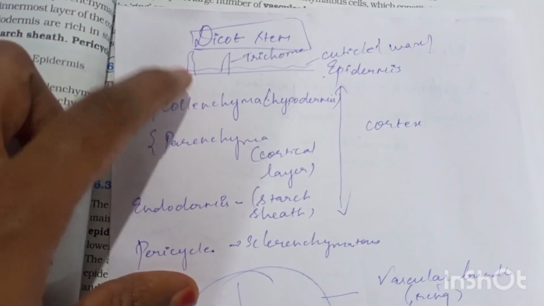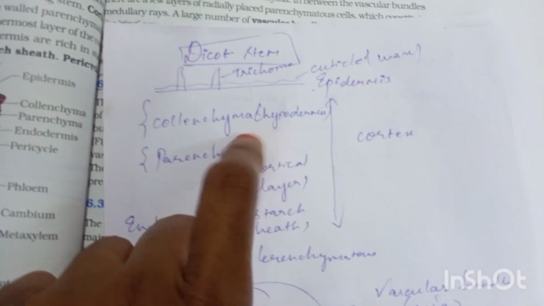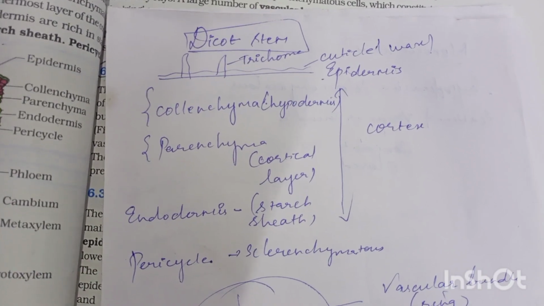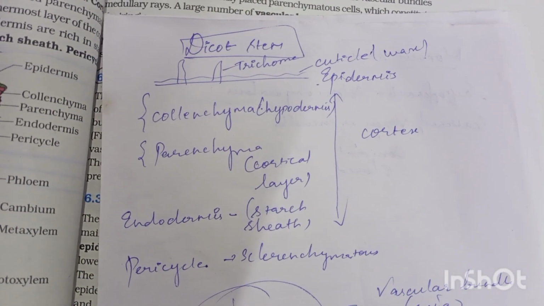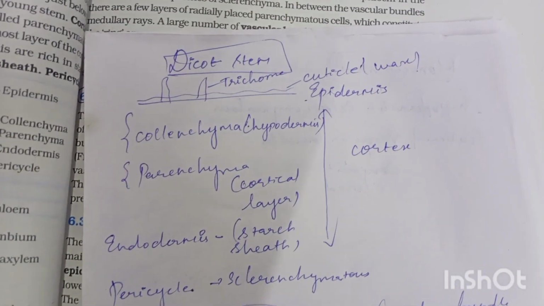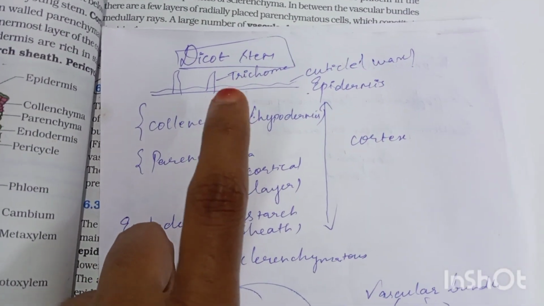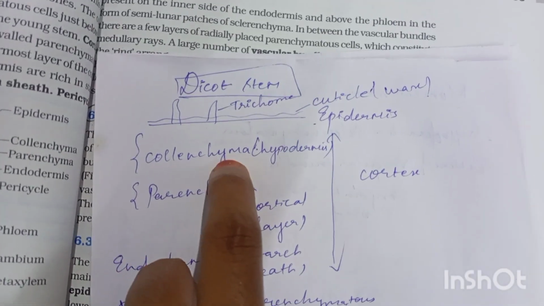Immediately below epidermis, a few layers of collenchymatous cells will be present. Collenchymatous cells have thick walls, and they give strength to the stem.